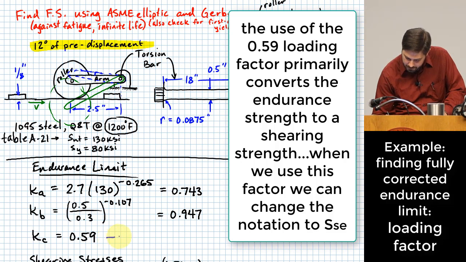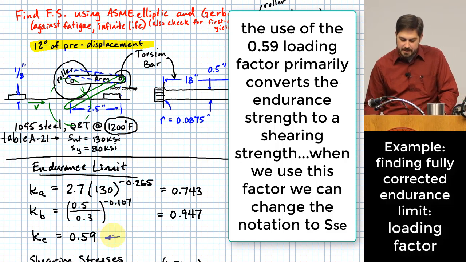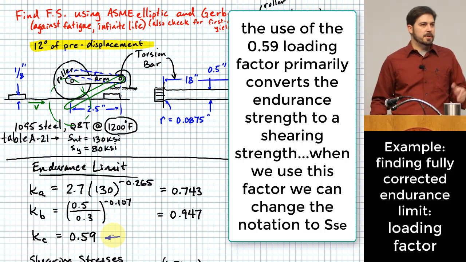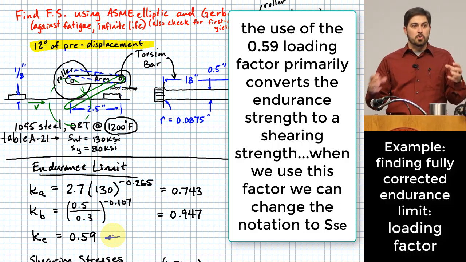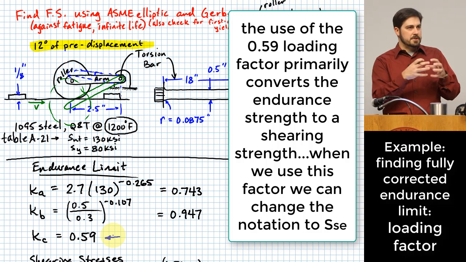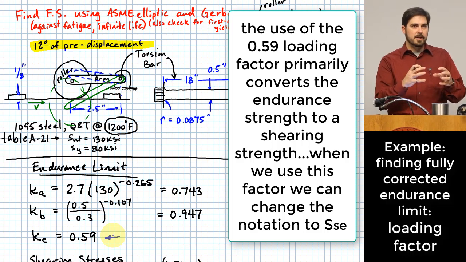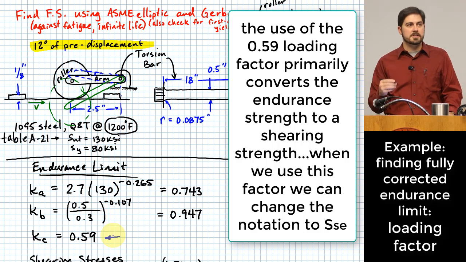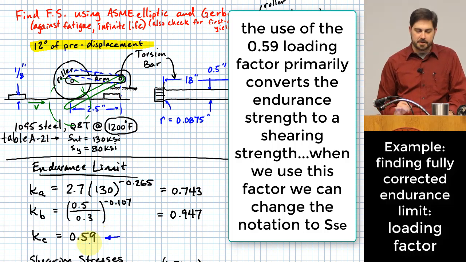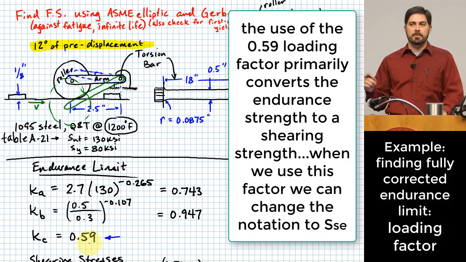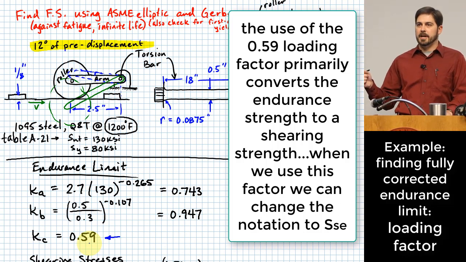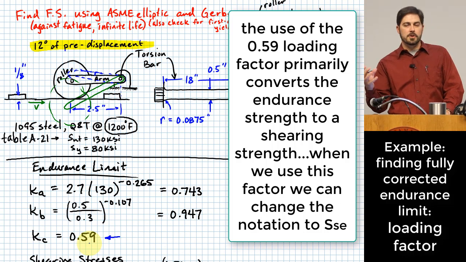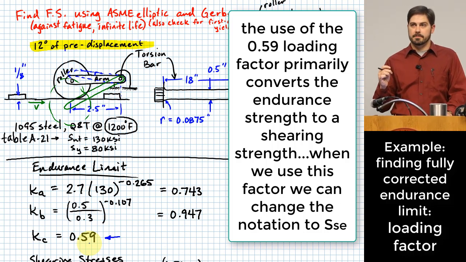Mostly what that does is convert your endurance limit from a strength with a normal orientation to a strength with a shearing orientation. The biggest component of that correction factor is the 0.577 that we would have had finding the shearing strength from the normal strength using distortion energy theory.